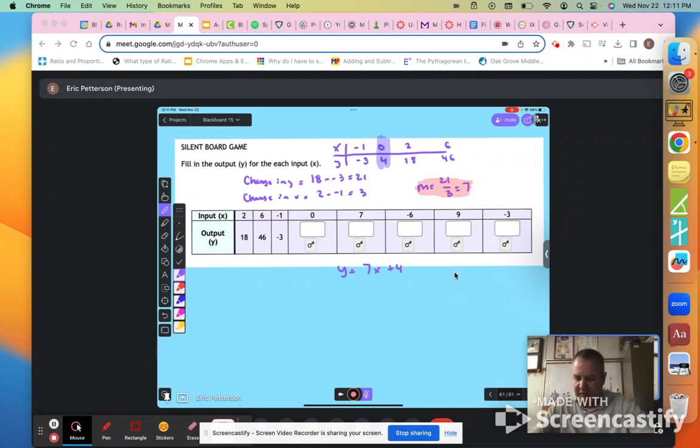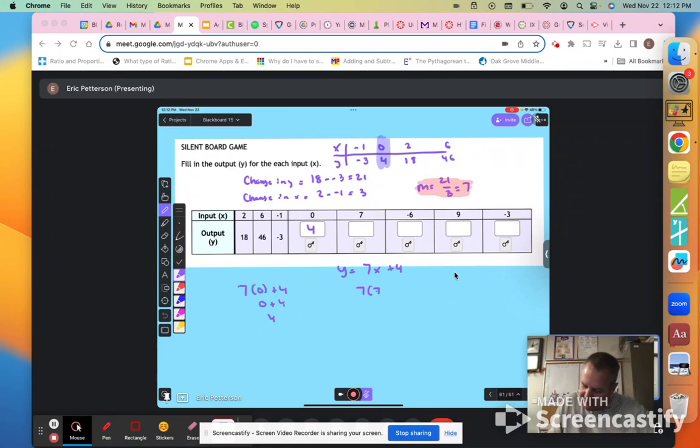So now I can just go into each of these inputs and put the output. If I put 0 in for x, 7 times 0 is 0, plus 4 is 4. I'm going to keep on doing this for each of my inputs.